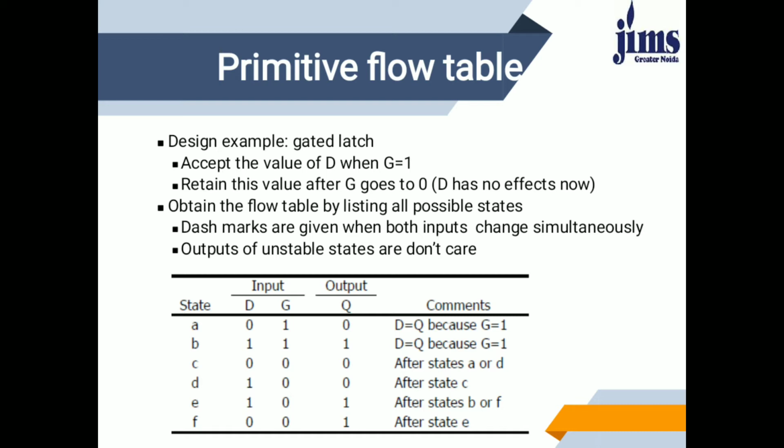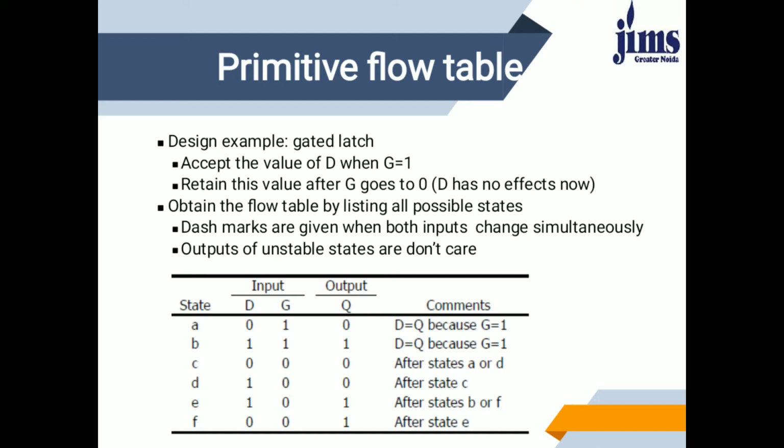This flow table will be marked with dashes. Here, dash marks are given when both inputs change simultaneously, that is, if inputs D and G are both changed simultaneously.